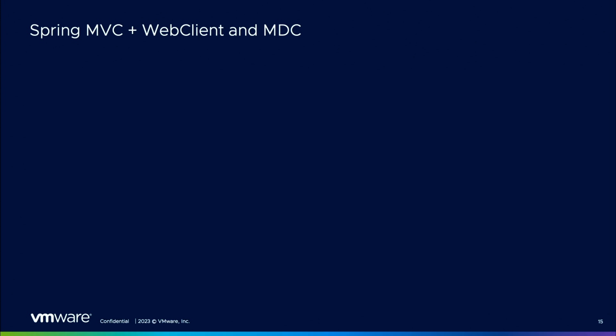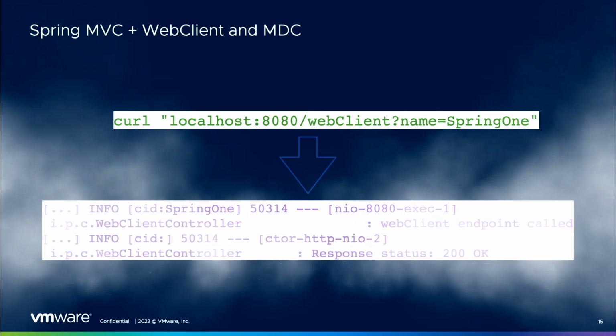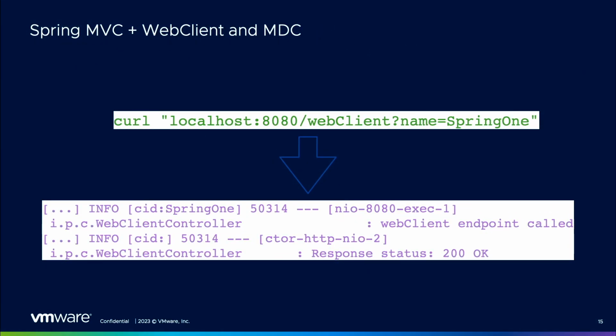Let's see what happens if we actually perform a curl request to that endpoint. Well, the first one is great. We see the correlation identifier, but the second one is unfortunately absent.